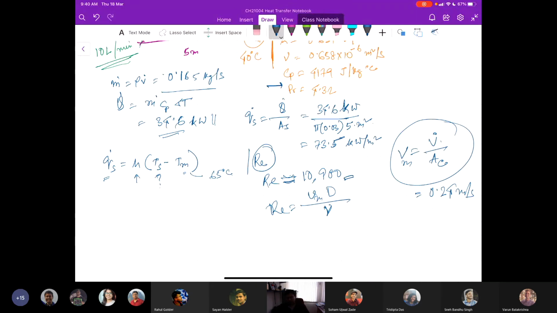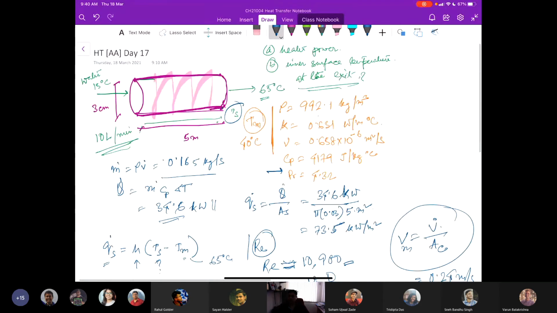So if that is the case, then we had several conditions, if you remember. Now we have to see whether the length of the pipe given here is sufficient for fully developed turbulent flow to be considered, because based on that we had our Dittus-Boelter equation, or say the Colburn equation. There were several things there.